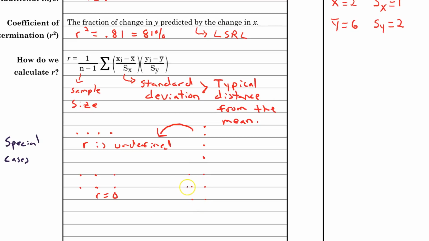Well, the trend line would again be horizontal if we found one. But in this case we would have an r that is equal to 0.